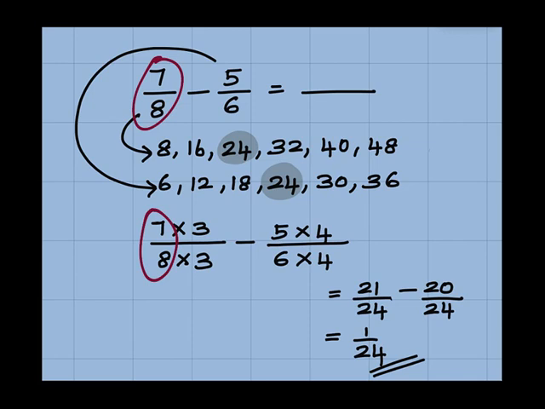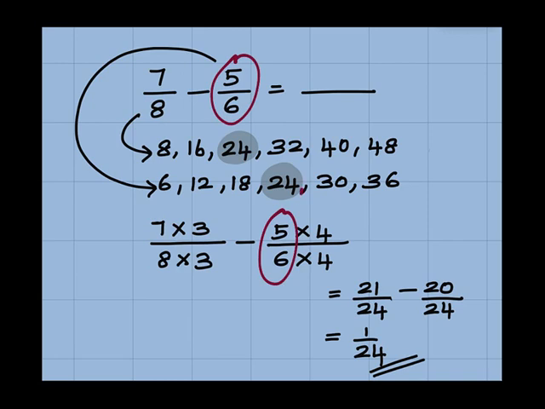The first fraction, this is in the third position, so multiply the first fraction with the third position, and then multiply the second fraction with the fourth position, which is the 4.